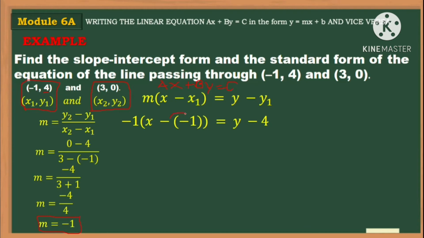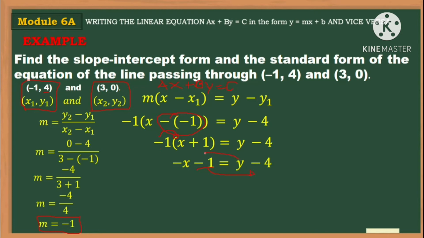So simplify first this, negative times negative, that is positive. So we have here. Then this one, distribute natin, rather, -1 times x is -x, simply -x. Then -1 times +1 will give us -1. Then it's equal to, copy this one, y minus 4. Okay, let's proceed now. Transpose natin this one, -1 dito sa right side.